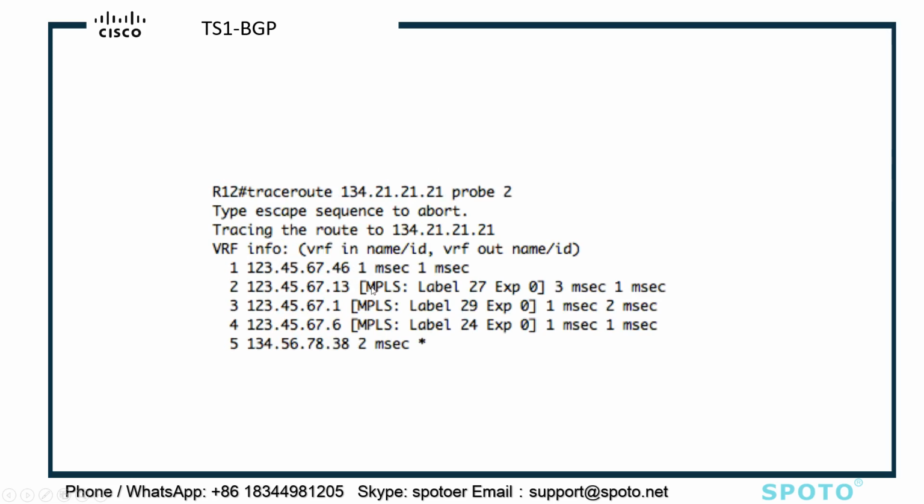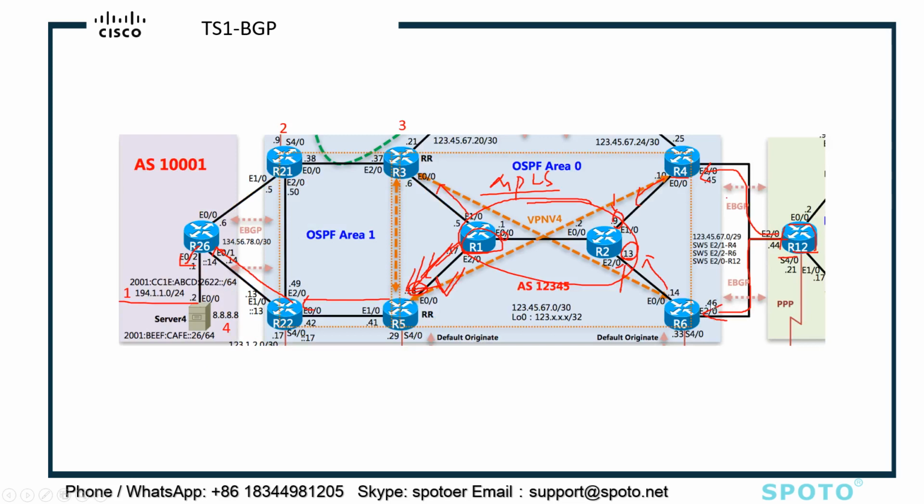The first one, R22, tries to visit the loopback interface. The first hop is R6 here. We can see here it is the 46. So the first path is R6 here.